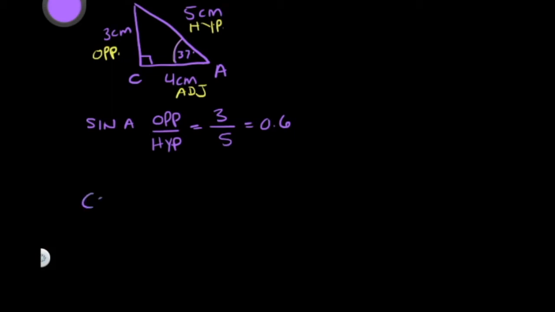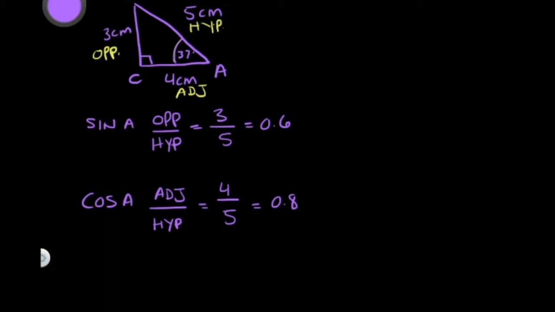Now you're also asked to find the cos of A and the tan of A. So for the cos of A, remember that cos is going to be adjacent over hypotenuse. So the adjacent side is 4, and the hypotenuse is 5. So 4 divided by 5 is going to be 0.8. And then in your column that says cos A, again, you're going to use the button on your calculator that says cos.